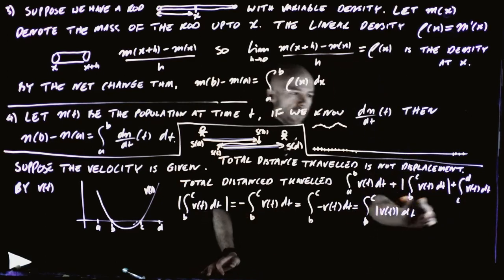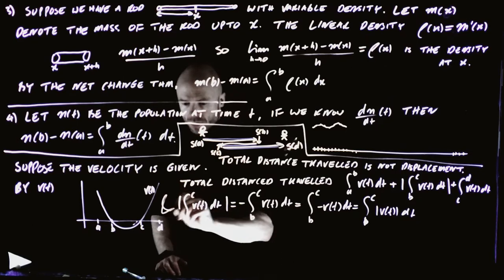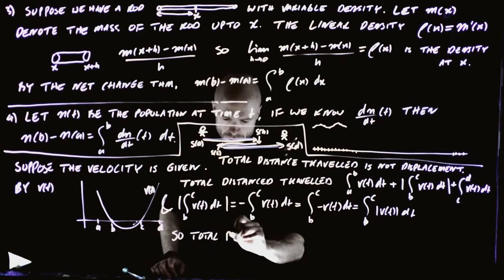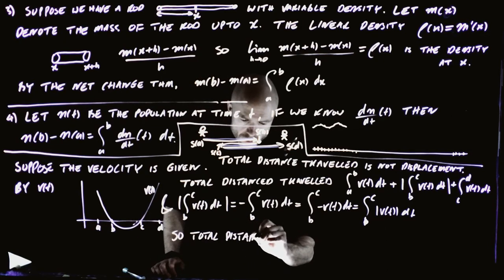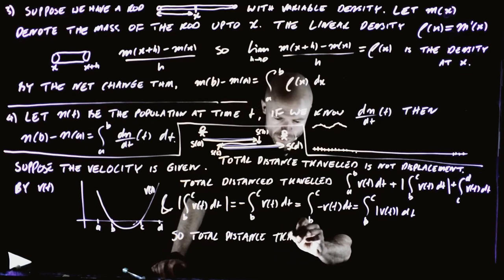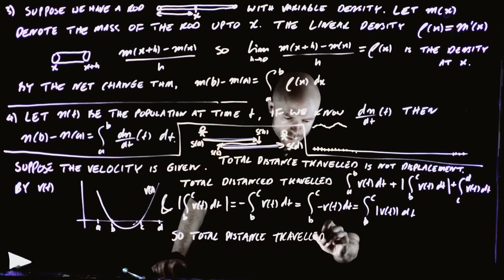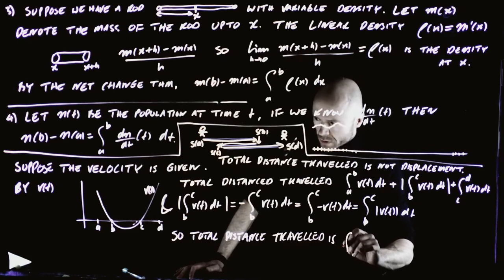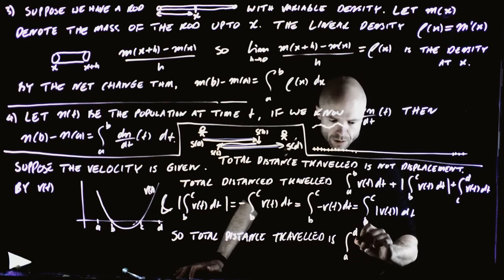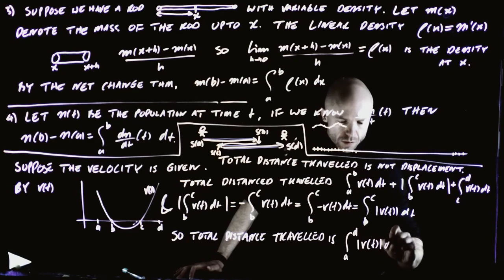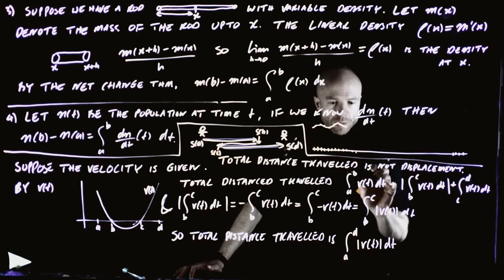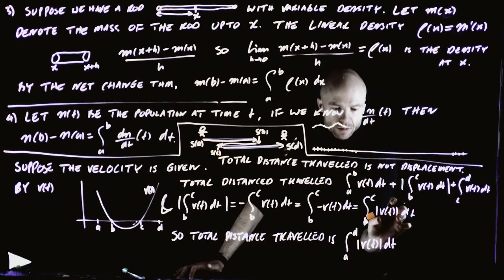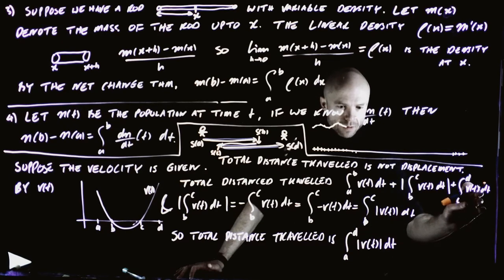So putting that together, the total distance traveled is the integral from A to D of the absolute value of v of t dt, because we're just taking the absolute value of this part plus this part.